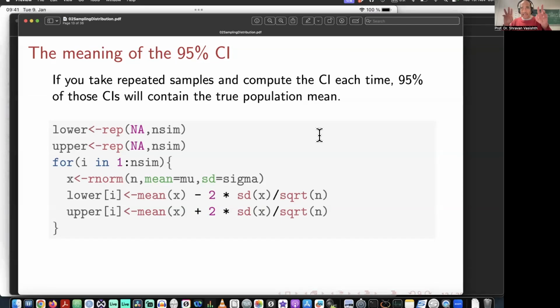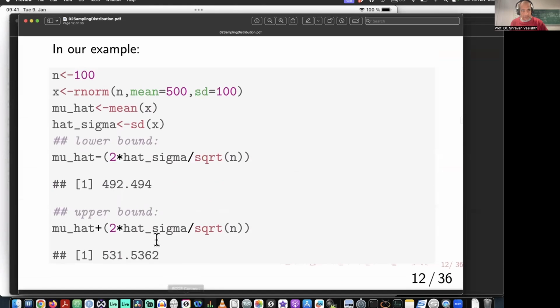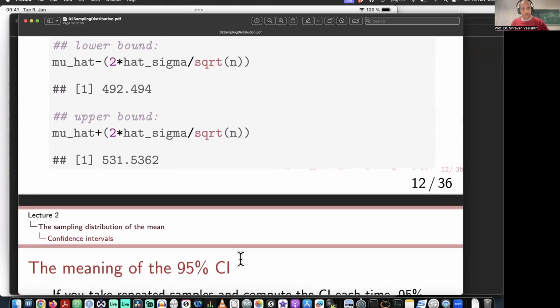So the 95% in the 95% confidence interval, what it means is that if you were to repeatedly take samples from the original distribution that was producing the data, and each time if you were to compute a 95% confidence interval, so you see that I did that once here, I computed a 95% confidence interval. Suppose we do this repeatedly. Each time we compute a 95% confidence interval, okay?